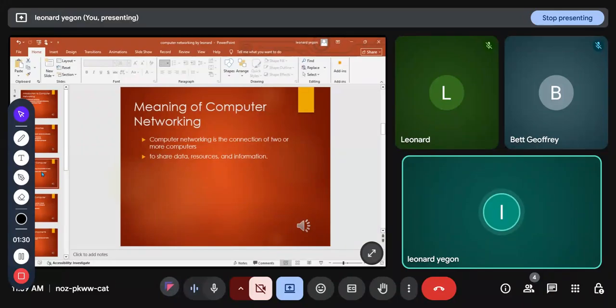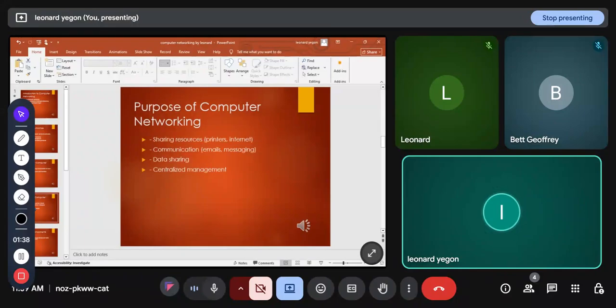And the purposes of connecting these computers are, number one, sharing resources. Examples of these resources are the printers and the internet. For a printer to print a certain document, you share the resource, maybe through a laptop or a computer.